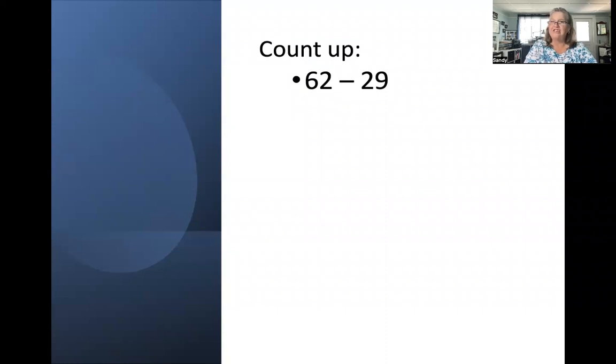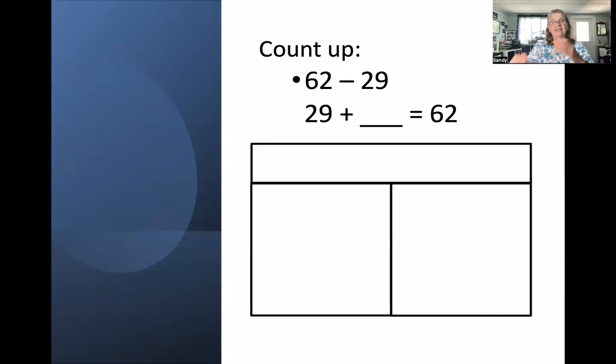Now, the last strategy I'd like us to look at is a counting up strategy. In this way, we're really thinking of a comparison idea. How many more? Or using think addition. How many more than 29 is 62? I can count up. And this model is a part total chart or a total part chart.